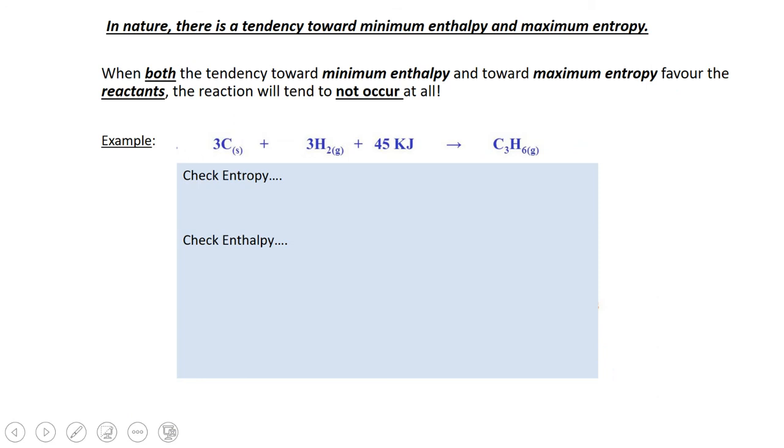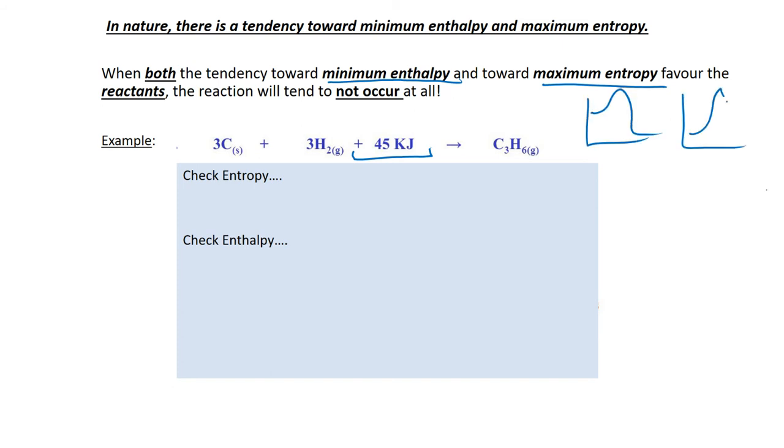Second possibility, if your enthalpy and your entropy favor the reactant side, the left-hand side, then we're going to say that this reaction doesn't occur at all. Here's an example. Notice my heat term is on the left-hand side. You should be able to think about whether that is exothermic or endothermic. First let's check entropy. On the left-hand side, I check phases.